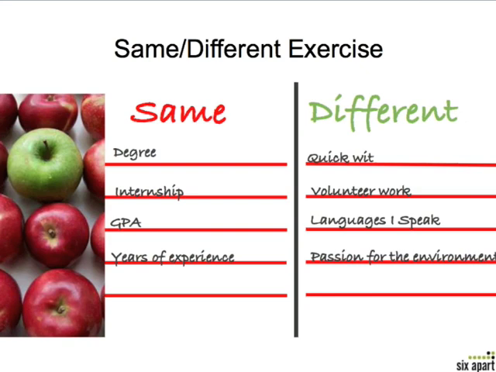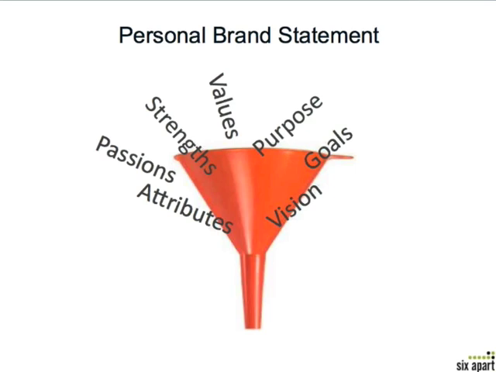So on the next slide, what we're trying to do at the end of the brand discovery process, at the end of Extract, is synthesize all of these pieces of the puzzle, if you will, down into a one-sentence personal brand statement.